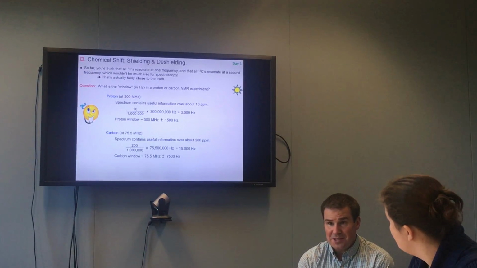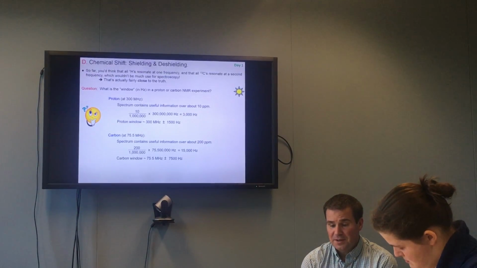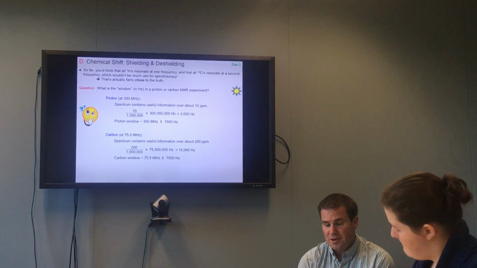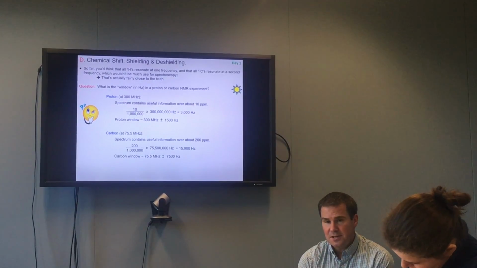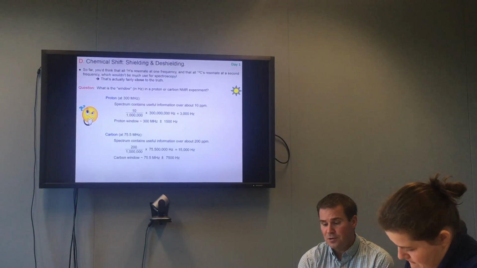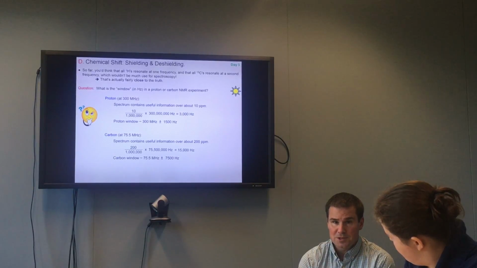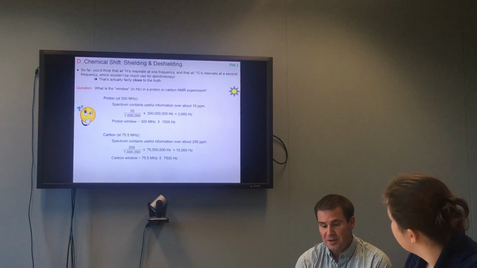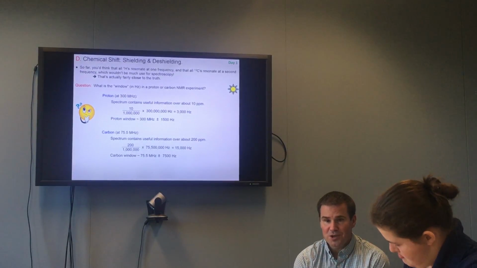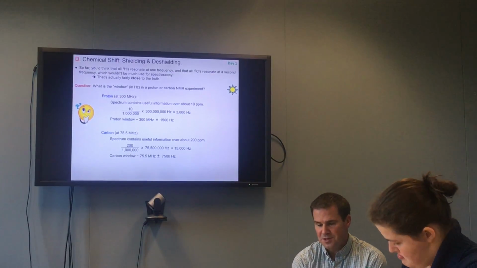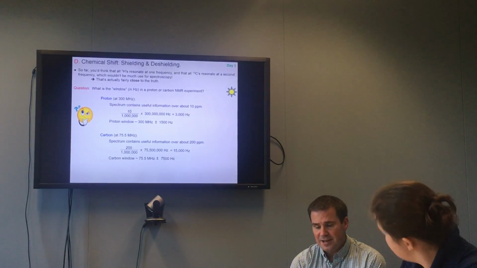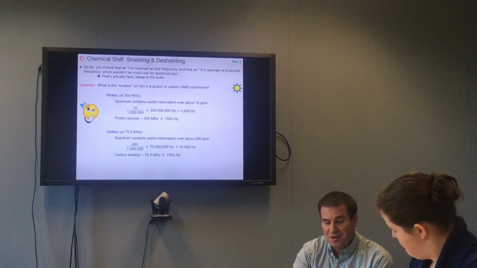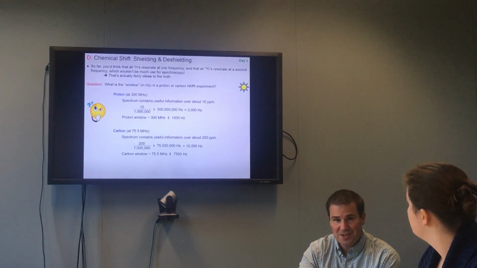Okay, parts per million means literally parts per million. So 10 divided by 1 million times 300 million hertz means that you're acquiring spectra over a window of 3000 hertz, which means that your proton NMR experiment, all of your protons, most of them anyway, all the ones that are between 0 and 10, are resonating between 300 megahertz plus or minus, so 300 million hertz plus or minus 1500 hertz.